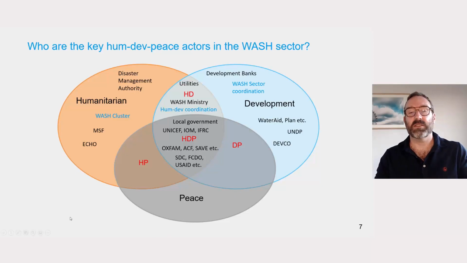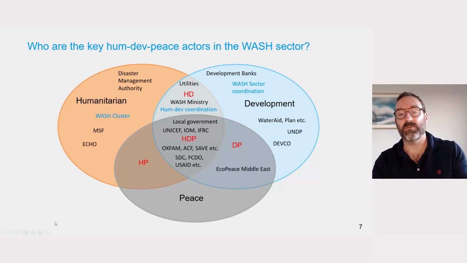And working across humanitarian and development, we have utilities, we have the WASH ministries, and we also have, in many cases, humanitarian development coordination structures established that can bring together the WASH cluster and the WASH sector coordination.